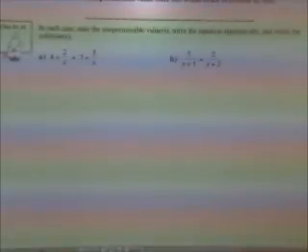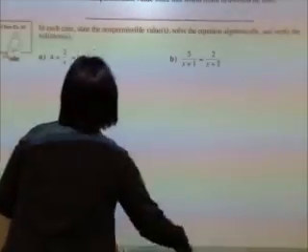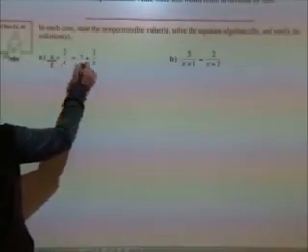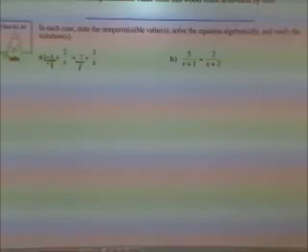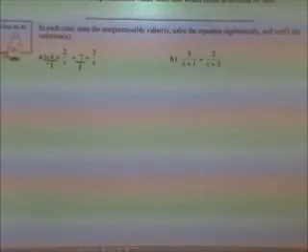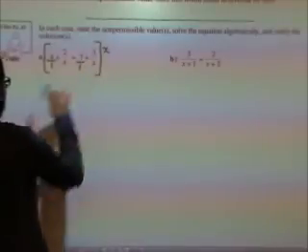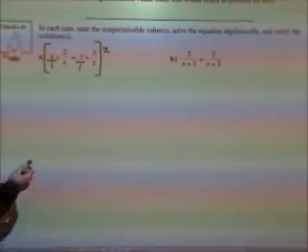So if I look at class example number 1, I have 4 over 1 and a 7 over 1, and then 2 over x and 3 over x. So what is my common denominator for 1 and x? X. So I'm going to multiply everything by x. So if I multiply everything by x, I'm going to get 4 times x, which is 4x.